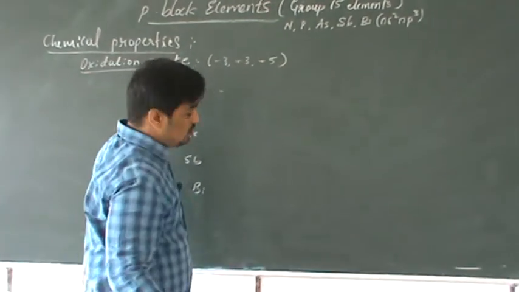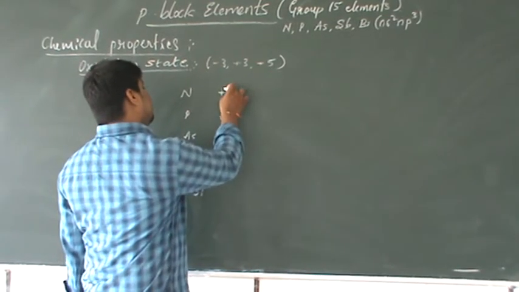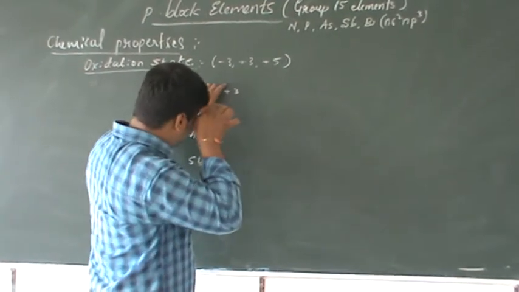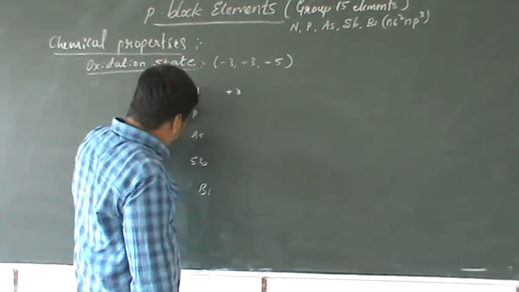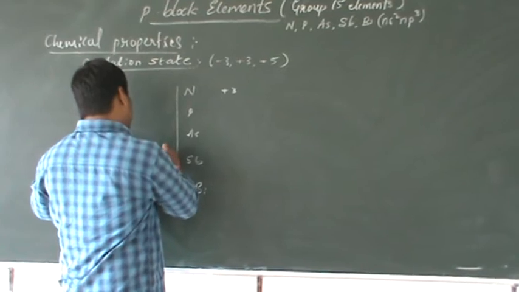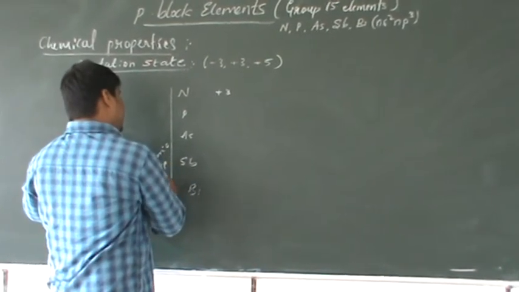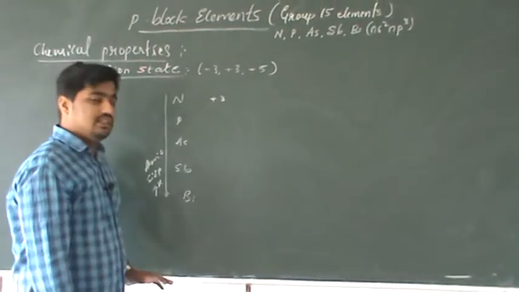Next is +3. What happens in the case of the +3 oxidation state in these elements? When we move down the group, atomic size increases, correct? Atomic size increases when we move down the group.